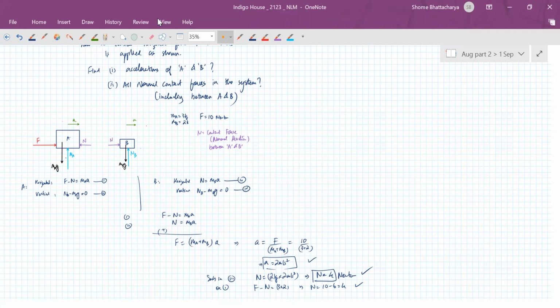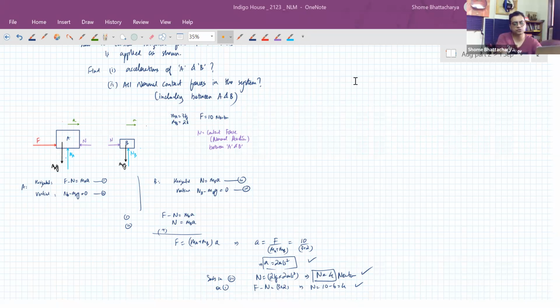Sir, I had a doubt. We had a force of 10 newtons on the block, and then we again had an N in the opposite direction with the same force, right? No, not the same force, because F would be equal to N only when the block is at rest. But see the free body diagram of A over here, the block A is not at rest, no? So obviously N is less than F. You understand now?